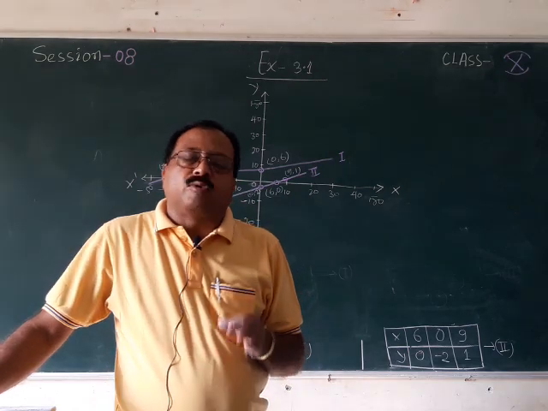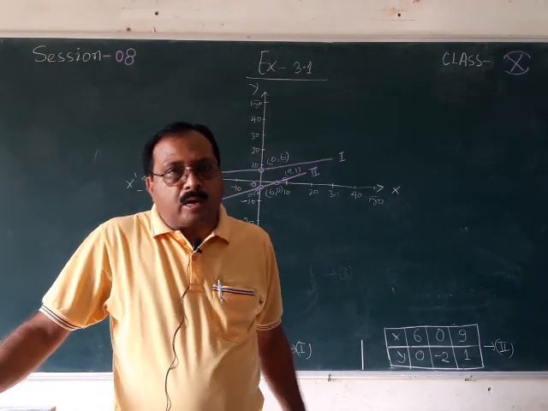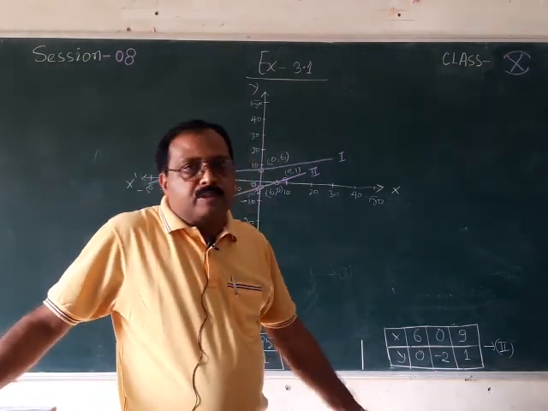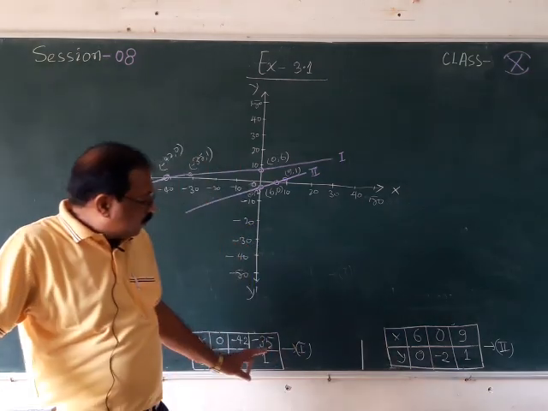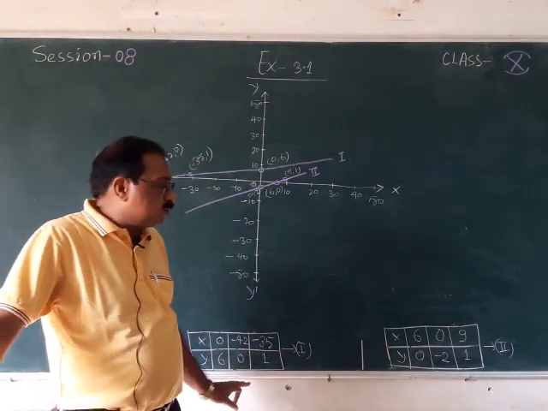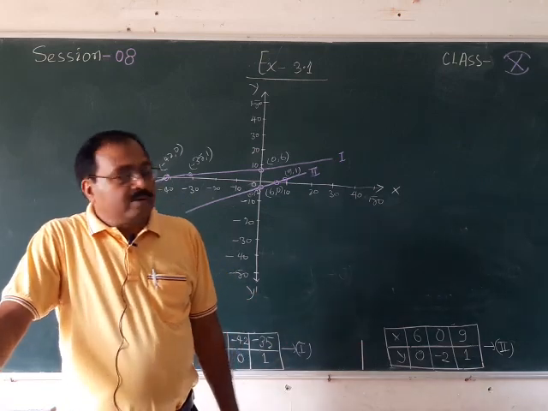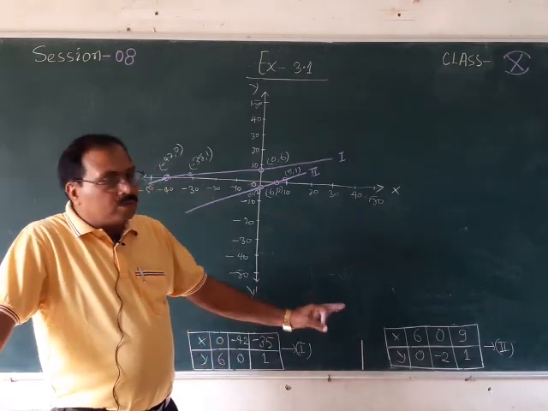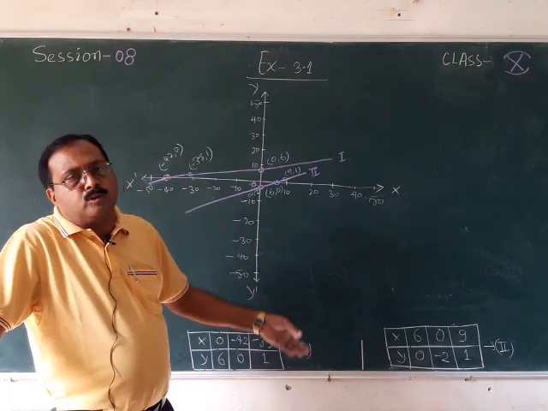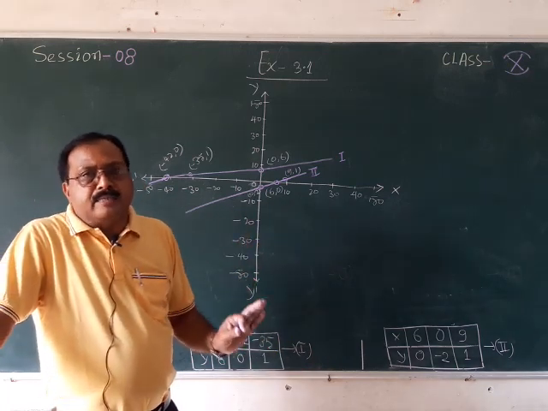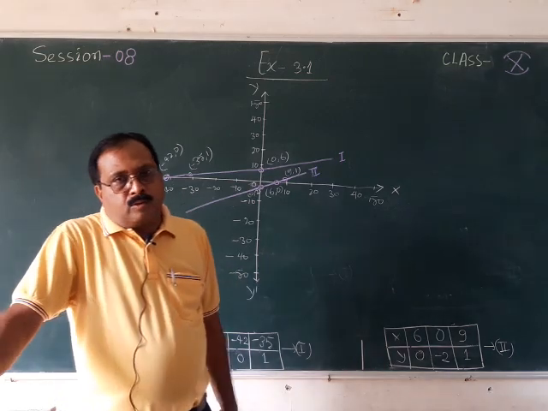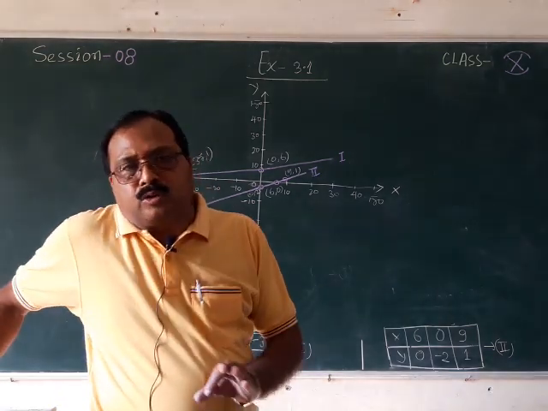So take the scale wisely according to the values of the solution. First you check the solution, what type of values you are getting, then accordingly you decide the units, and once you settle the units, then you can draw the graph. So use your scale and pencil to draw the graph and paste it in your classwork copy.